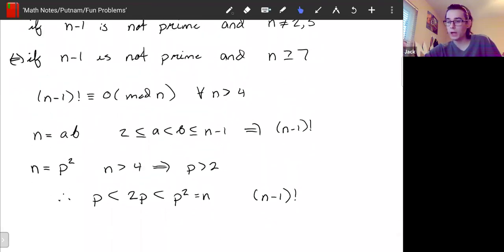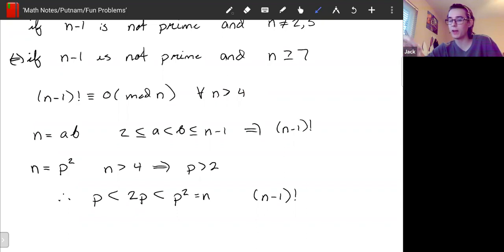So let's go back to our case. We have that n minus 1 is not prime and n's greater than 7. And now you can see why I had to throw out the case of 5. Because if I included the case of 5, I'd run into this problem that this result is not true because of this right here.